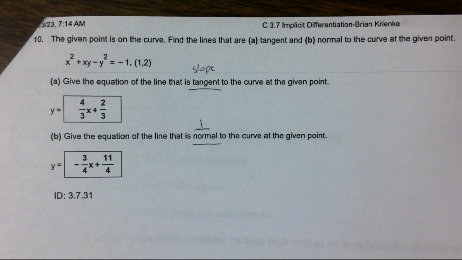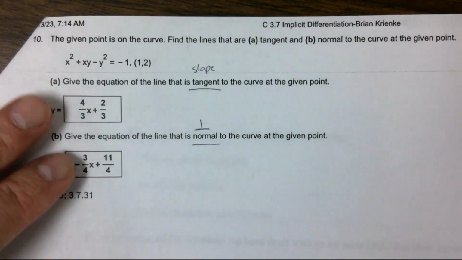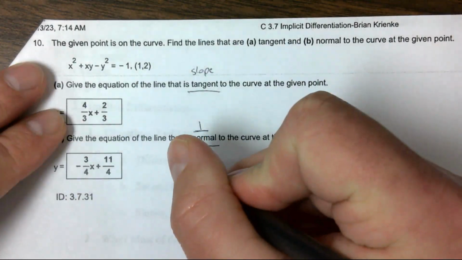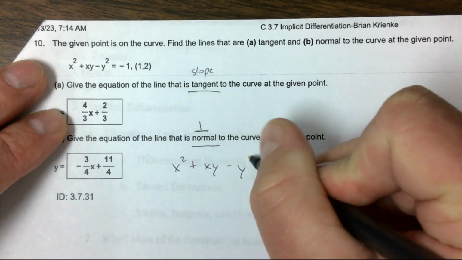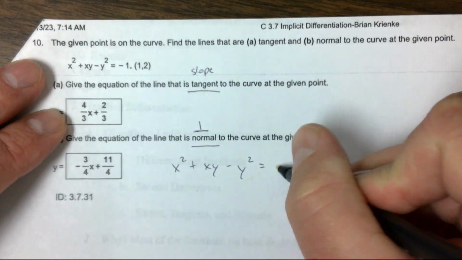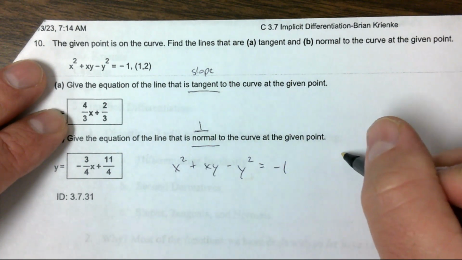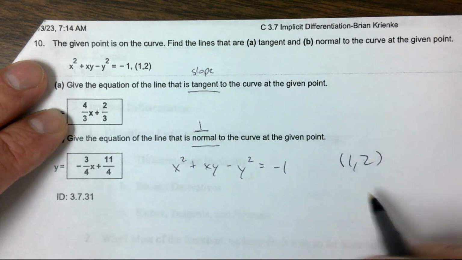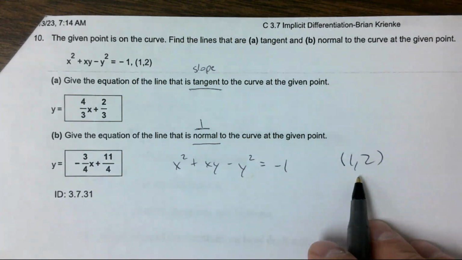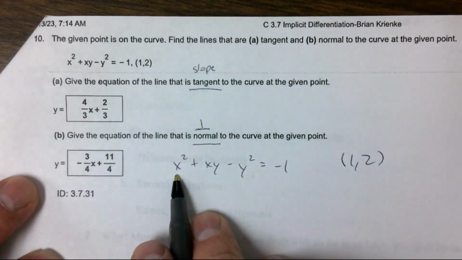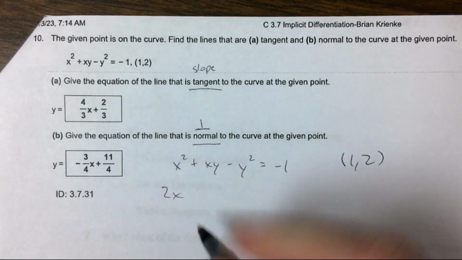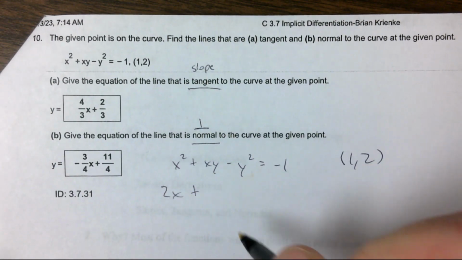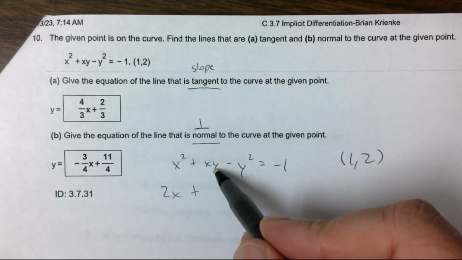So now let's do that on ours. We've got x squared plus xy minus y squared equal -1. And off to the side, our ordered pair is 1, 2. Okay, so for this part, we're doing our derivative. So we have 2x plus, here we have to do our product rule.